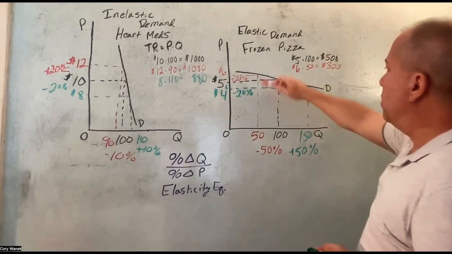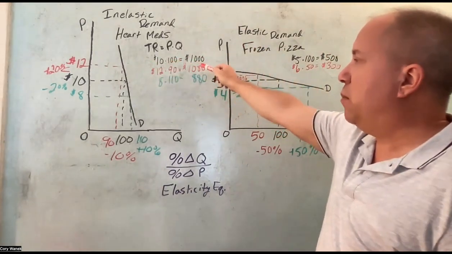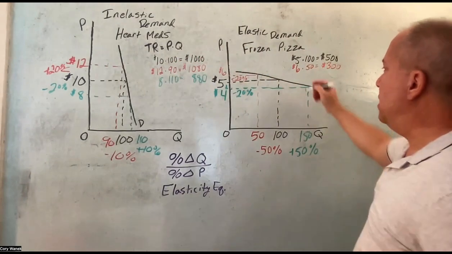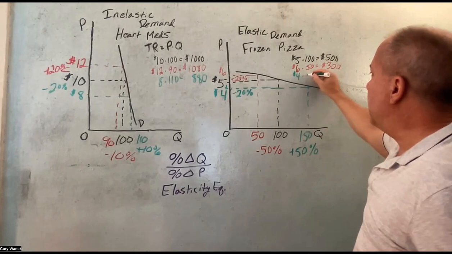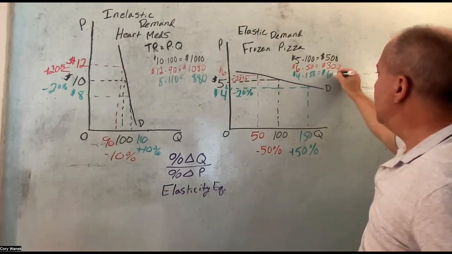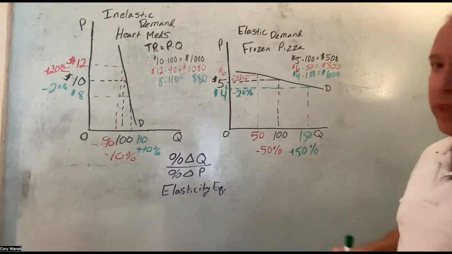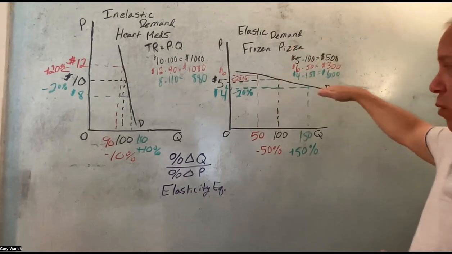So you raise the price, total revenue goes down. Here you raise the price, total revenue goes up. So for this business, if they want more revenue, it's better to lower the price, because $4 times 150 is $600, and therefore the revenue goes up by lowering the price. So these kinds of products have an incentive to lower the price to get more revenue.